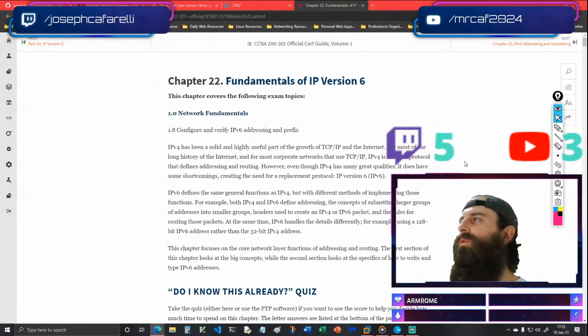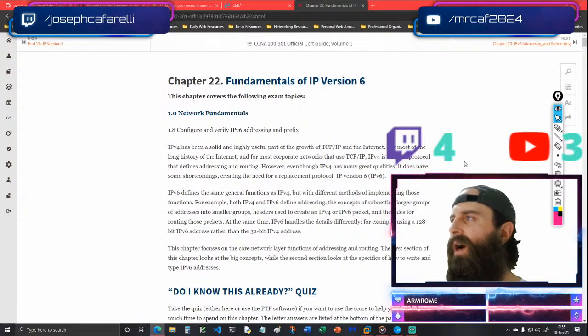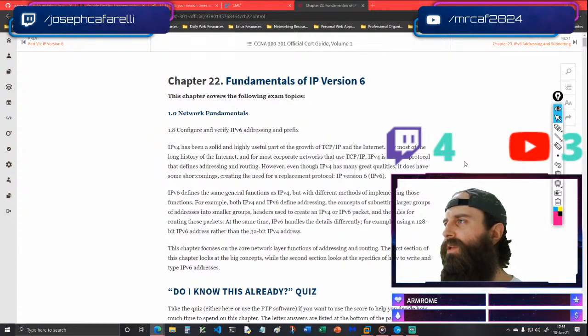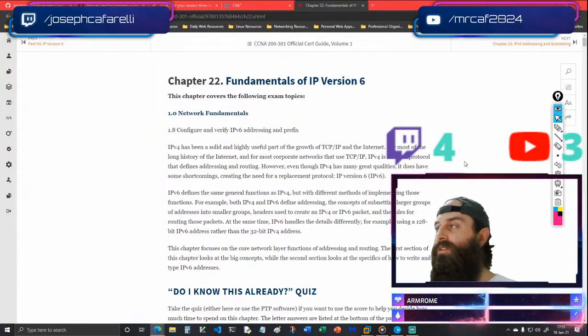Chapter 22, Fundamentals of IP version 6, okay? So this chapter is going to be covering network fundamentals, configuring and verifying IPv6 addresses and prefixes. IPv4 has been a solid and highly used part of the growth of TCP/IP in the internet.